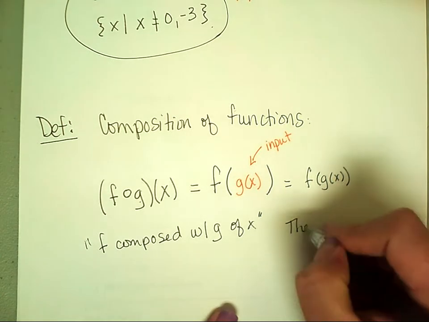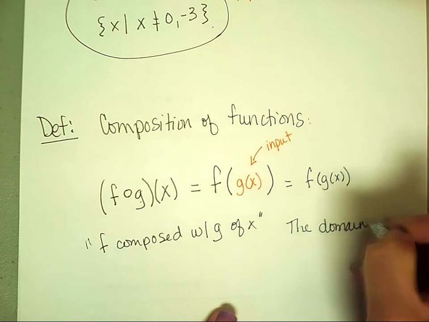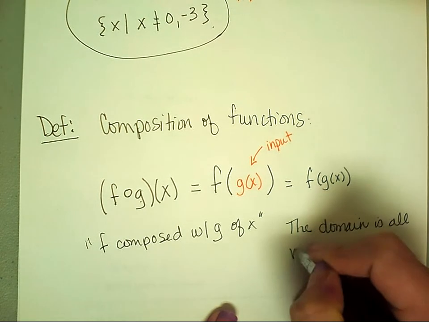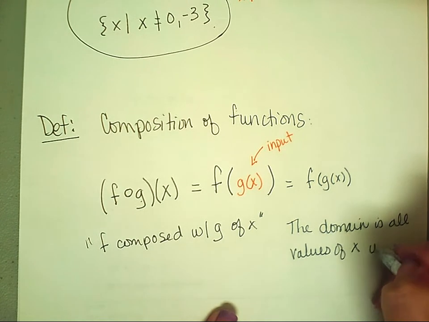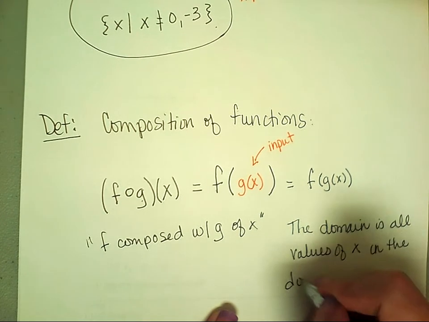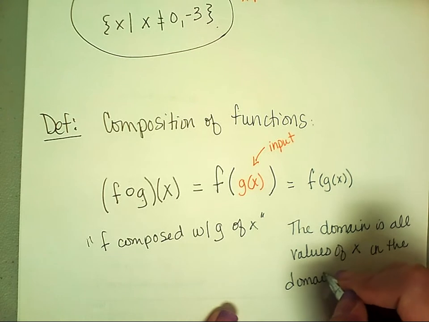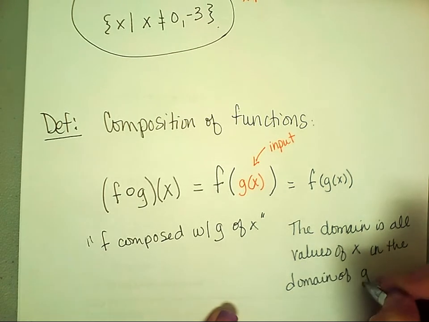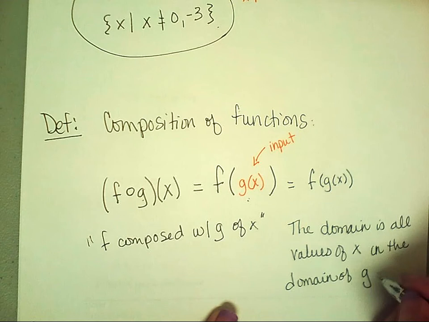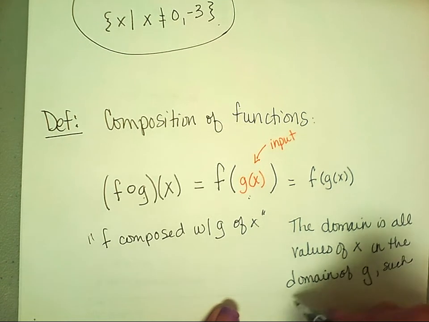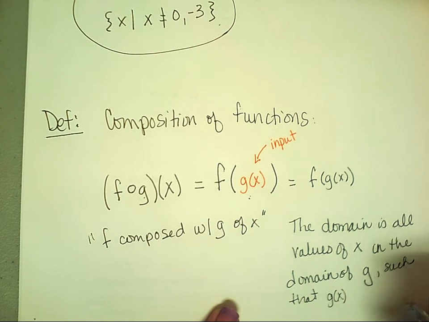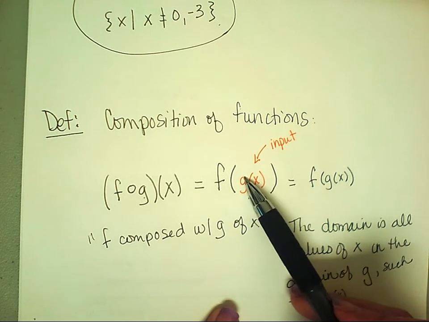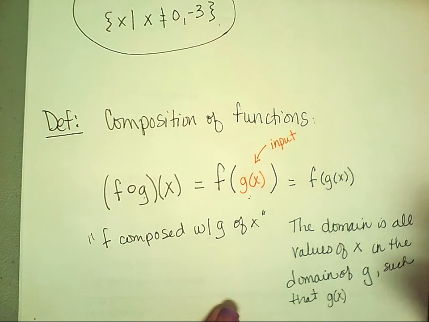And we also have to be concerned about domain here. So the domain is all values of x in the domain of g, so g is the inside, such that g of x, whatever we put in, has to be in the domain of the outside function.